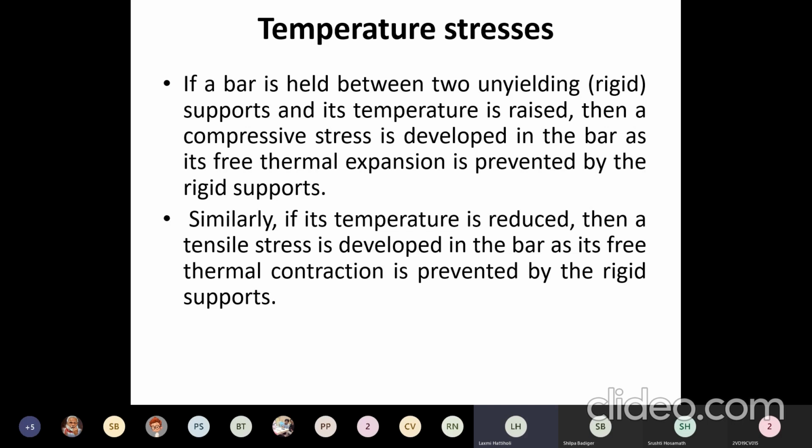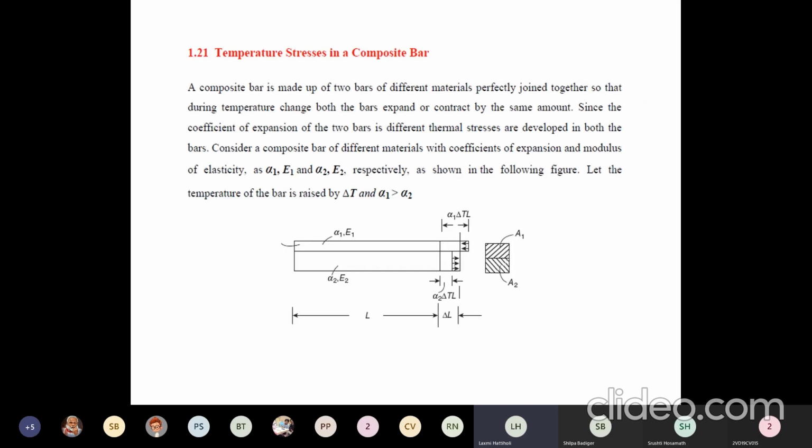When you have a rigid unyielding support, I'm giving an opposition to the extension or shortening, so automatically the thermal stresses start generating. When you reduce the temperature, tensile stresses start developing, and when you increase the temperature, compressive stresses start generating. These are the things we covered in the previous session.